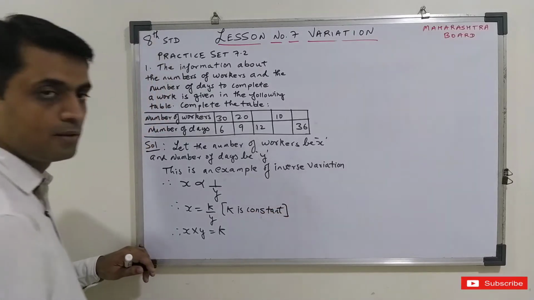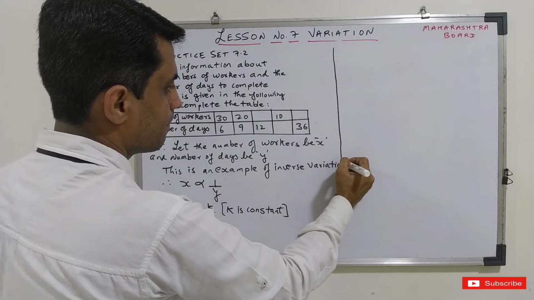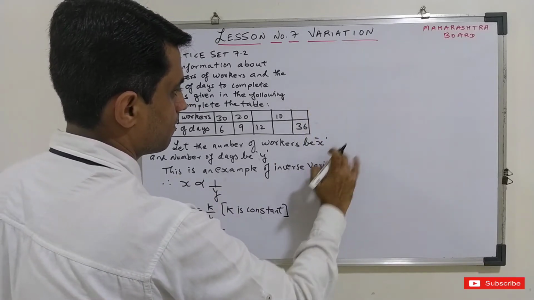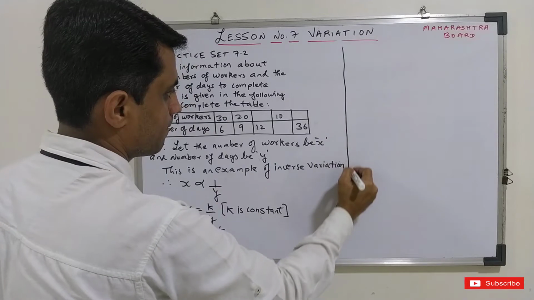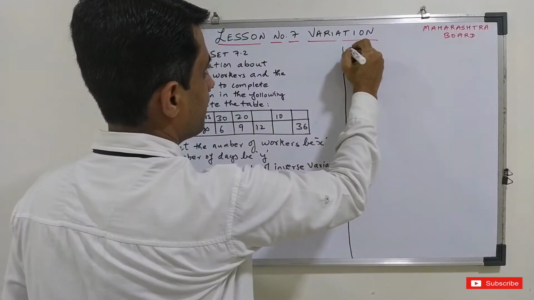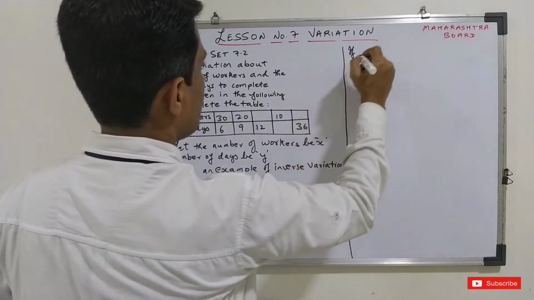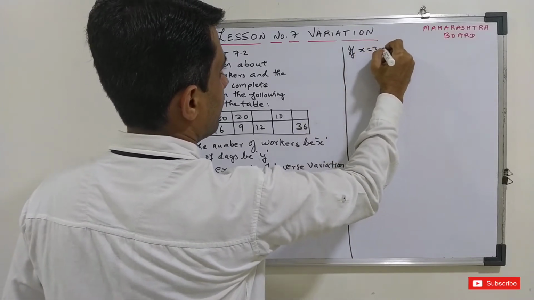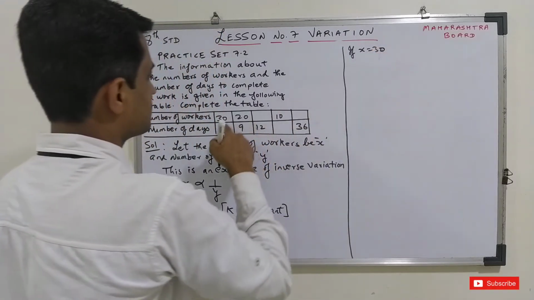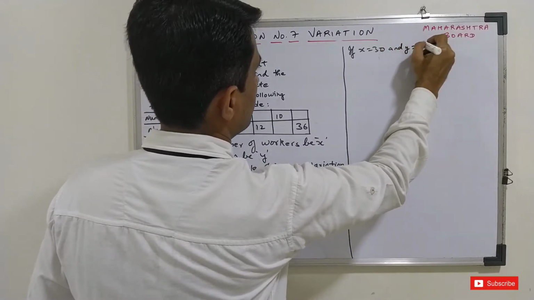K is constant. Now let us substitute the value. Now instead of x, what we will write here? This we will call equation 1. If x is equal to 30, this is x and this is y, and y is equal to 6.